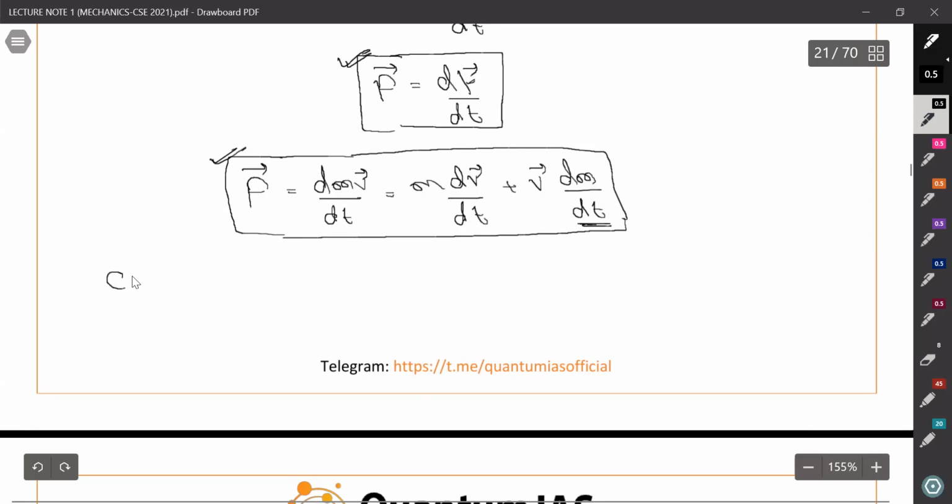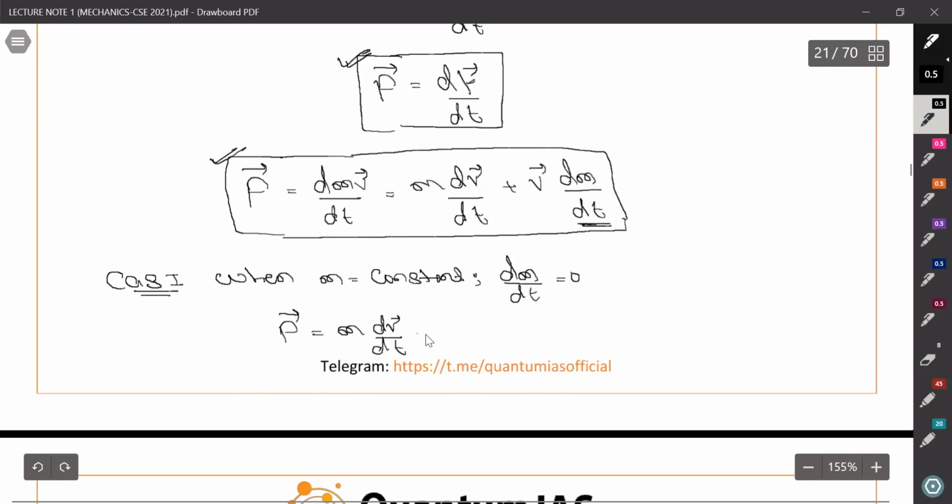So we will see two cases. Case 1: when m is constant. If mass is constant, we can say that dm by dt is equal to 0, and the second term becomes 0, and we can write that F equals what? m dv by dt, and dv by dt is what we call acceleration.